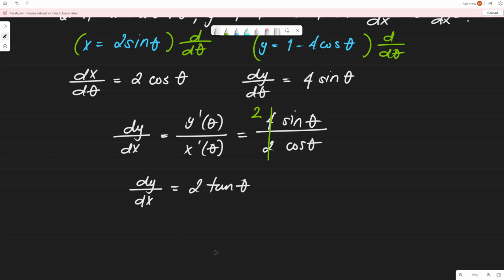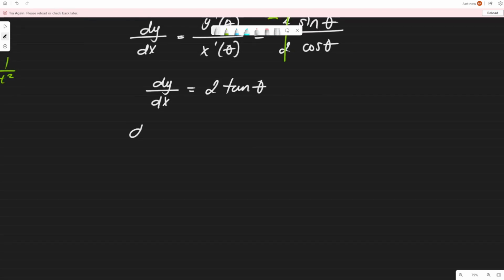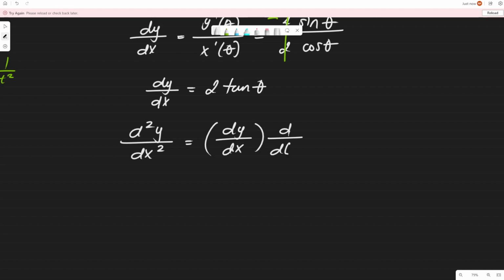Paano naman yung d squared y over dx squared? So this just be the derivative, diba, yung dy over dx natin, get the derivative in terms of theta multiplied to d theta over dx. Yung inverse nung dx over d theta natin.